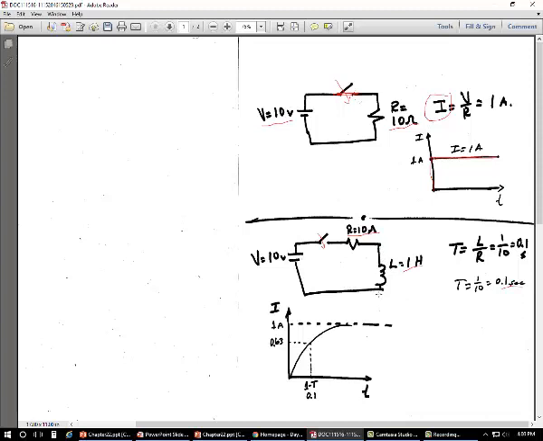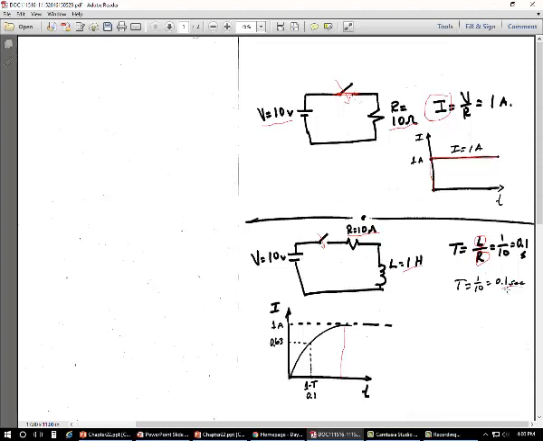We're going to use the time constant of this circuit to identify the time it takes for the current to reach the steady state of 1 amp. Again, the time constant is the inductance divided by the resistance, 1 divided by 10, which is 0.1 second.